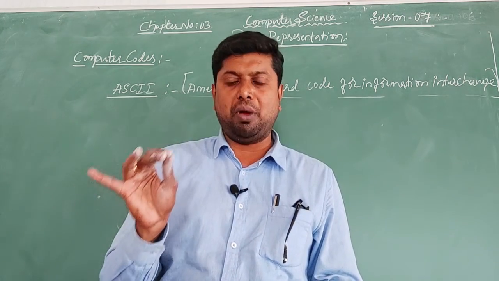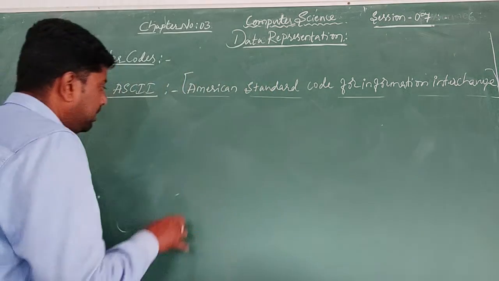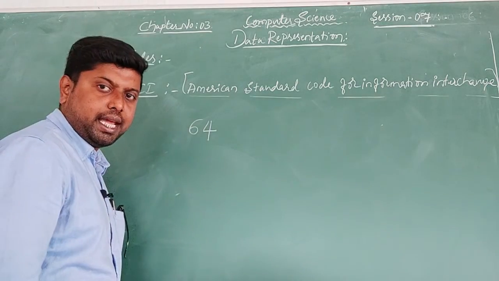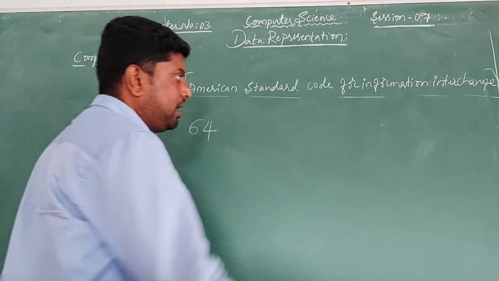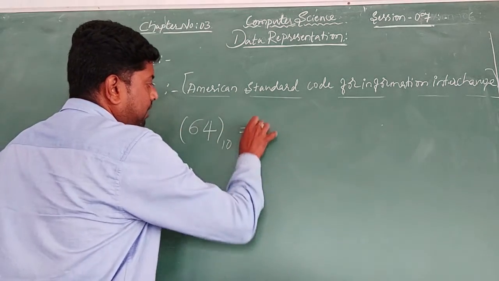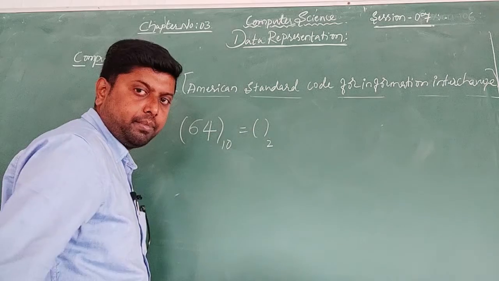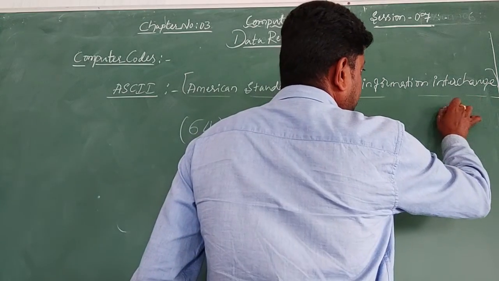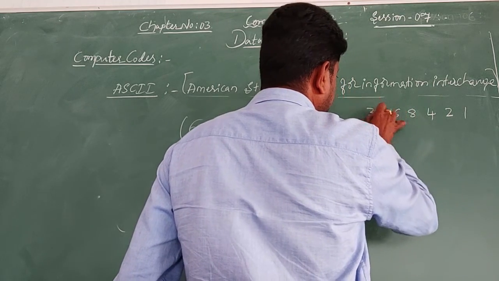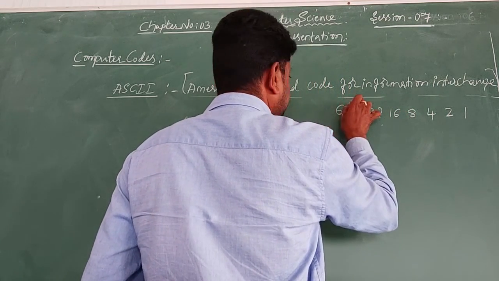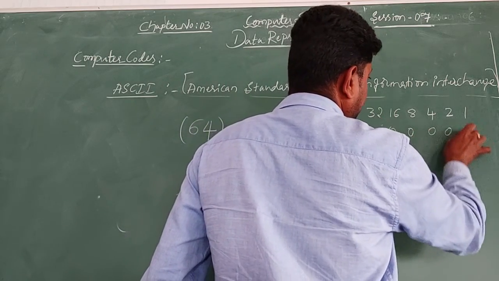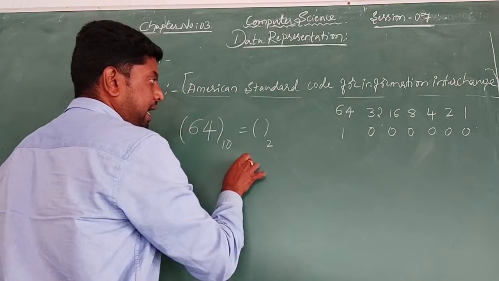One small example I will show you. 64 is one decimal number. If I want to represent this 64 in binary, what will be the binary number? Check here. 1, 2, 4, 8, 16, 32 and 64. 1 followed by 6 zeros will be the binary number, right?